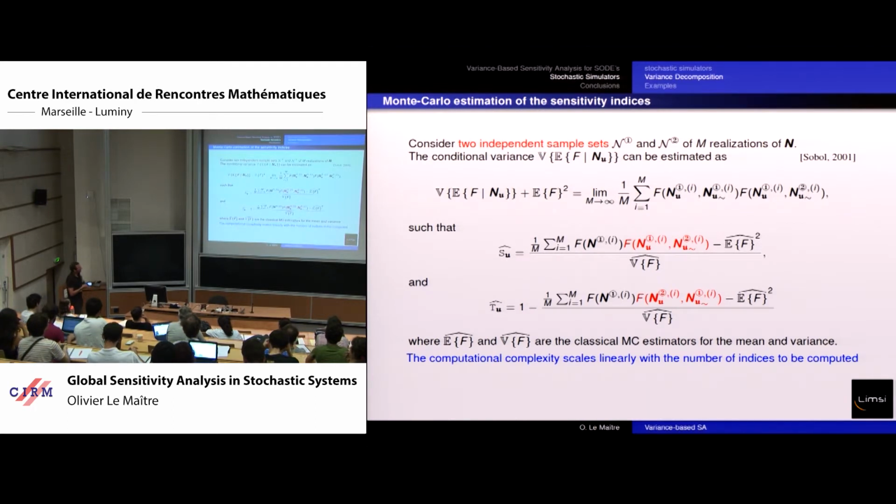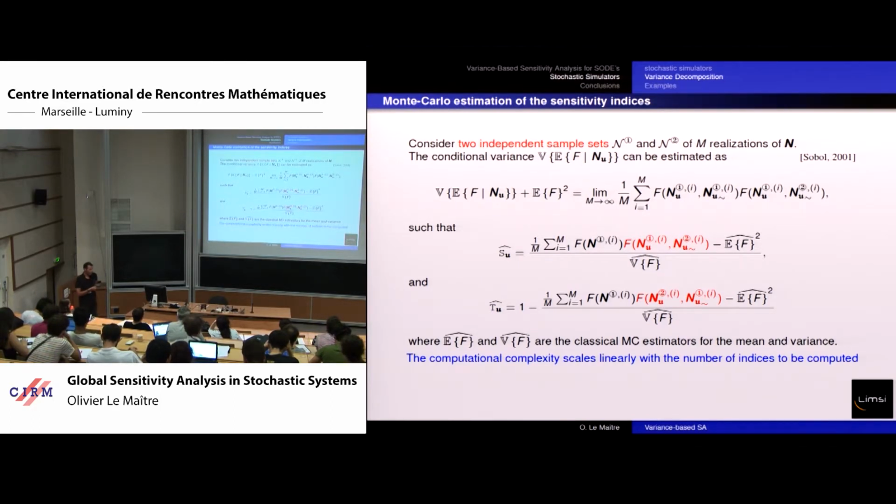Okay. The nice thing is that in this situation where I have independent input, I have a nice way, a Monte Carlo approach that was proposed by Sobol to estimate this partial variance and then these sensitivity indices, so first order and second order.